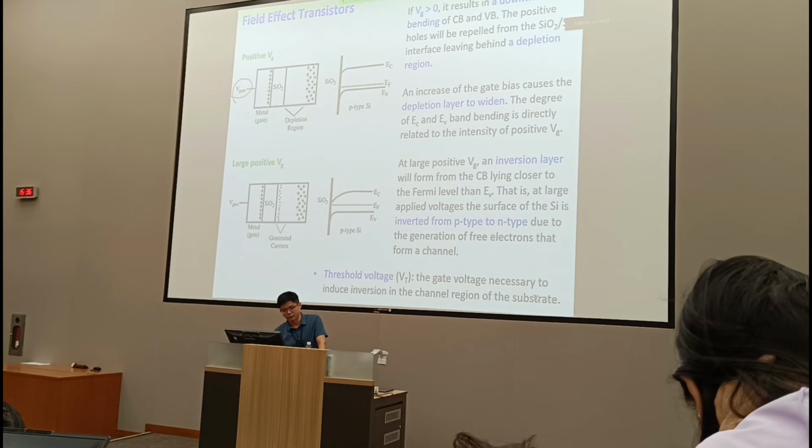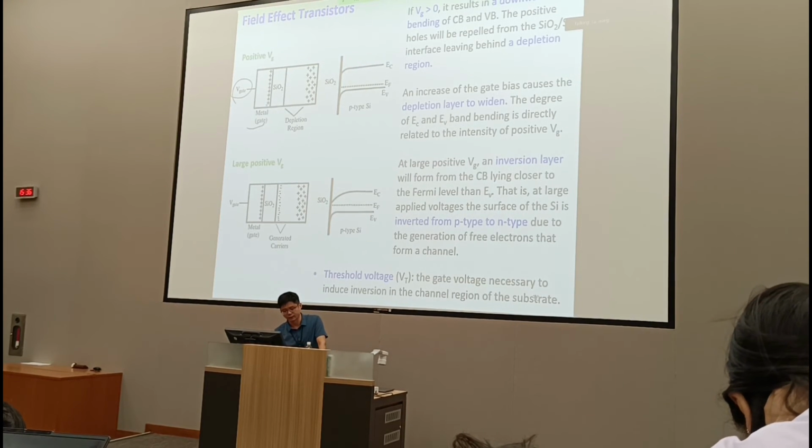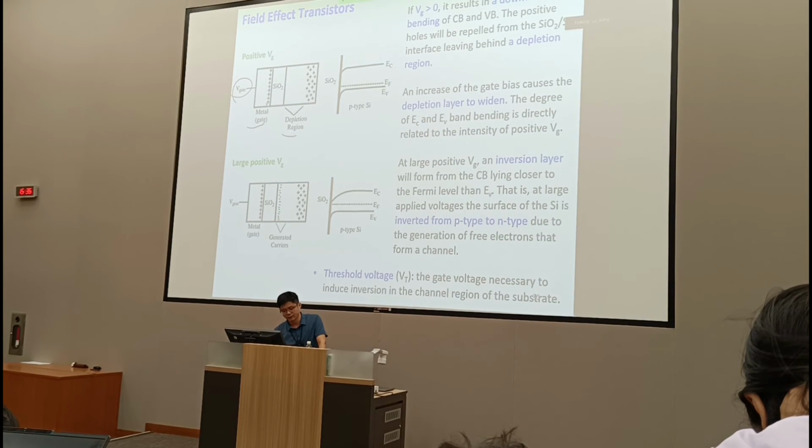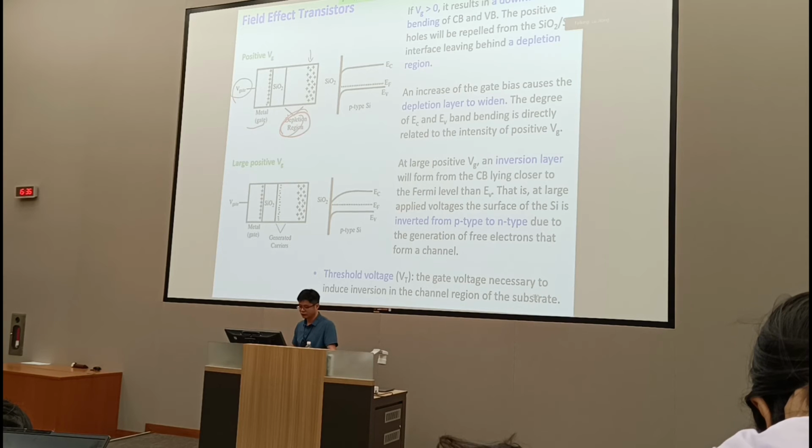What happens when you apply positive gate, you accumulate positive charge, right? Then you also repel the holes away from the interface, from the silicon dioxide. You create a depletion region. There is no current flow, and the positive gate basically bends all the states downwards, right?